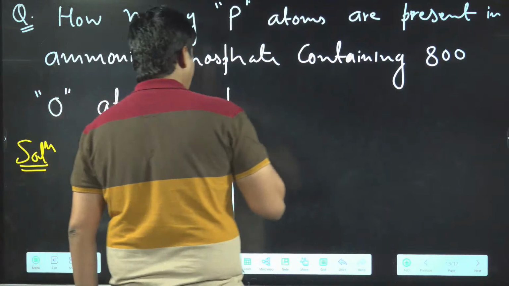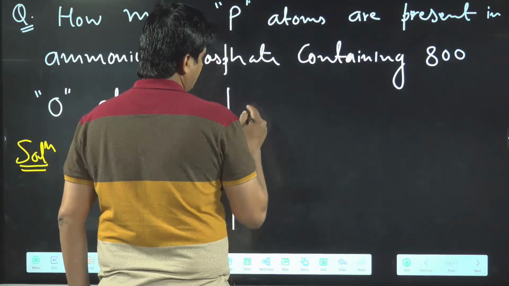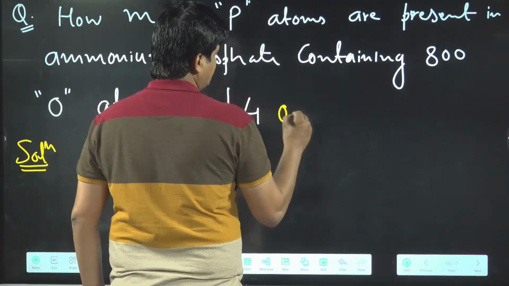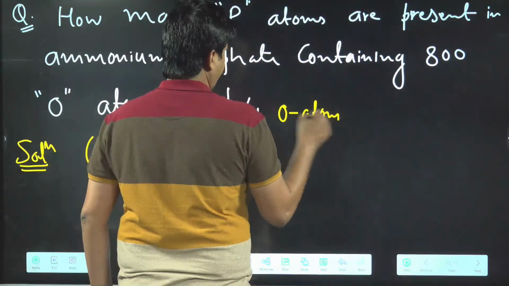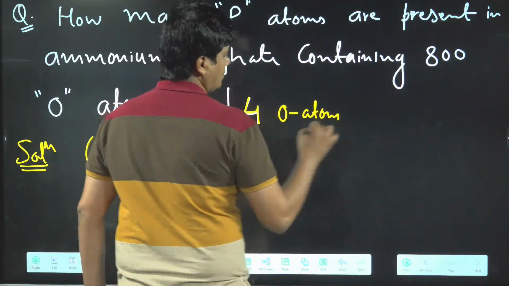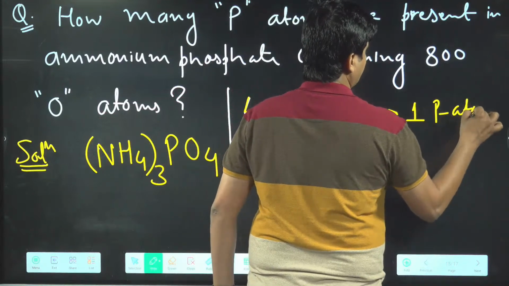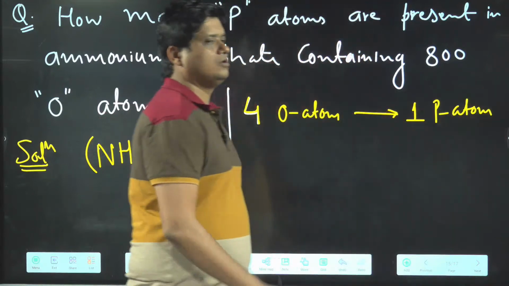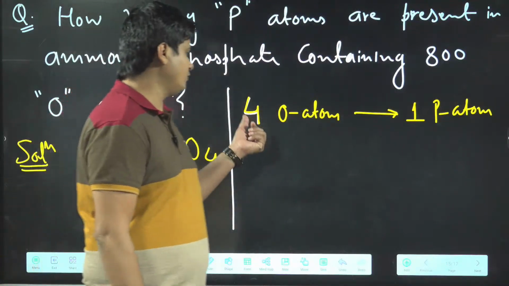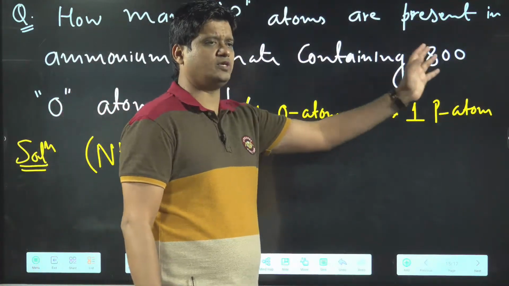So, initial point will be oxygen. I will write like this: 4 oxygen atoms and 1 phosphorus atom.